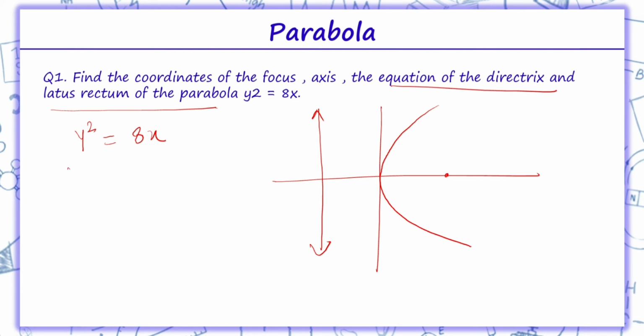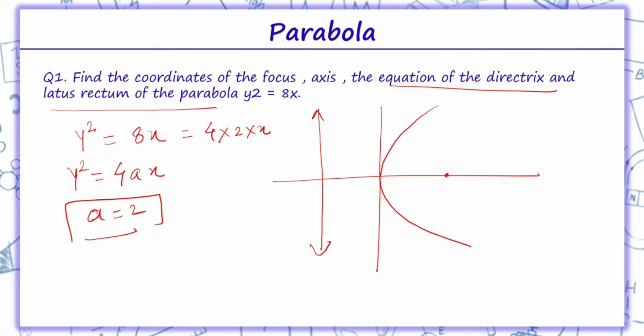Now, we will compare this equation with y square equal 4ax. So, this can be written as 4 into 2 into x. Thus, on comparing, the value of a is 2. Since the value of a is 2, the focus will be (2, 0).